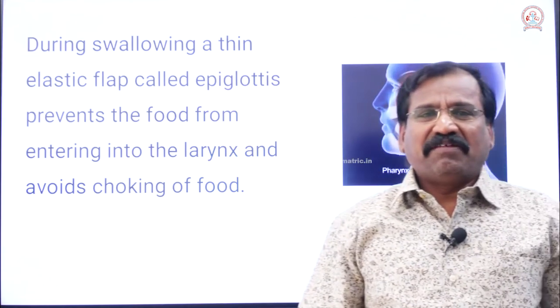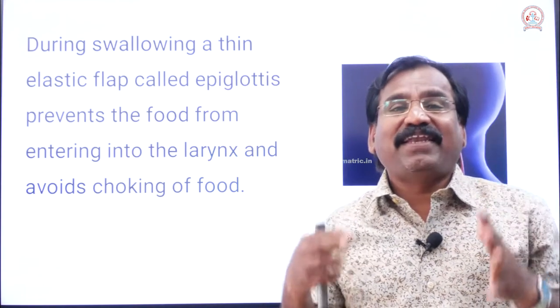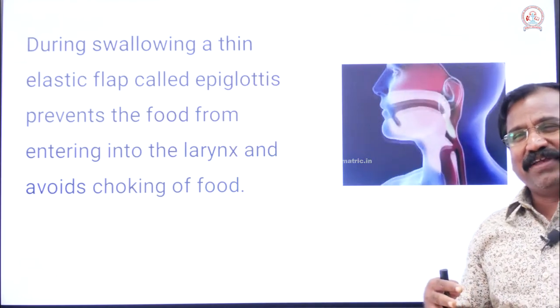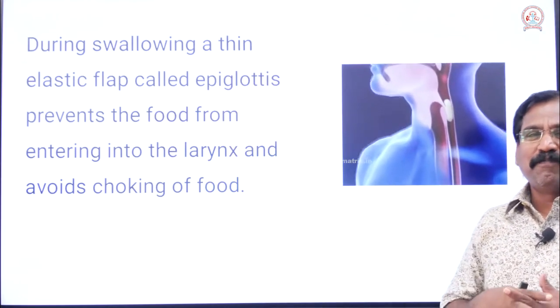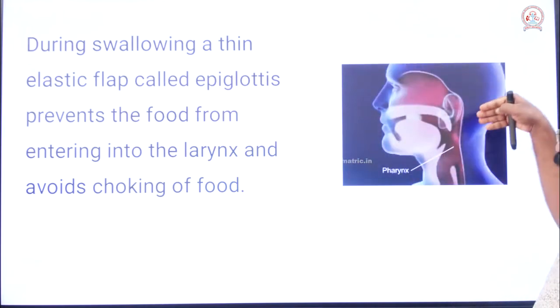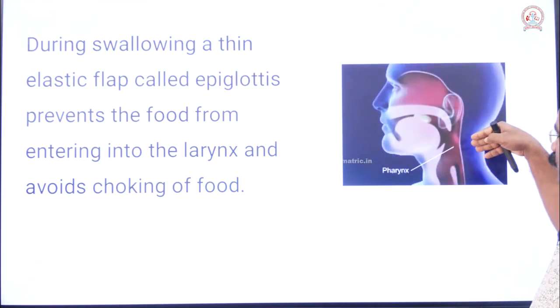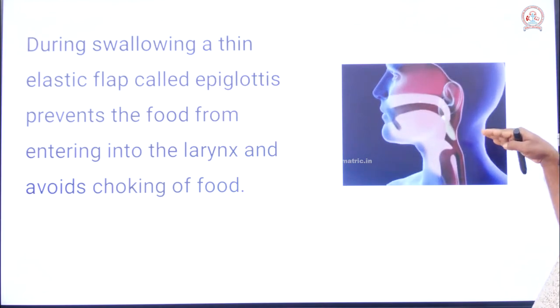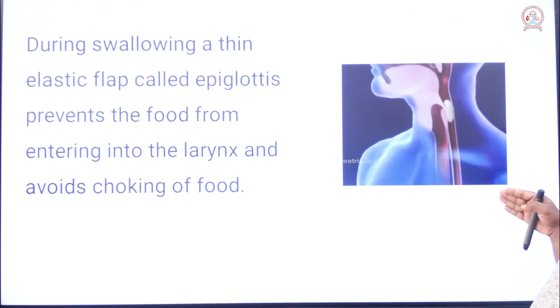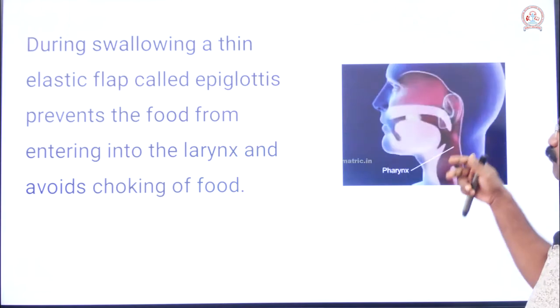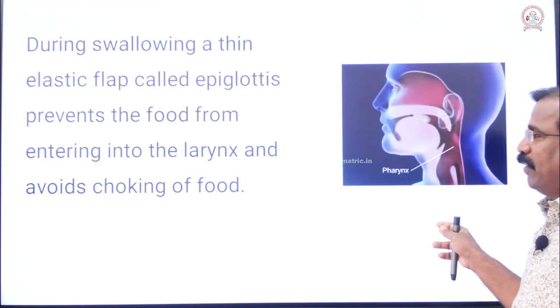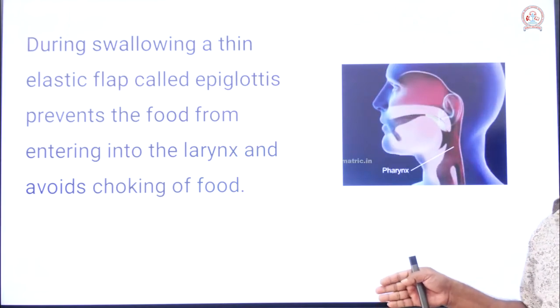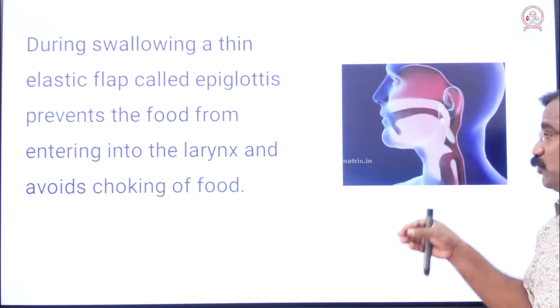It is a highly sophisticated, highly electronic device, like our body. So when we swallow, the glottis is covered by a flap-like structure called the epiglottis, that prevents the entry of the food into the respiratory passage, that avoids the choking of the food.